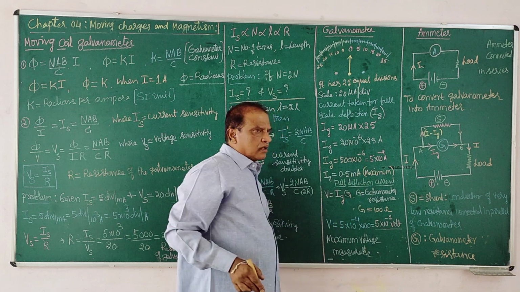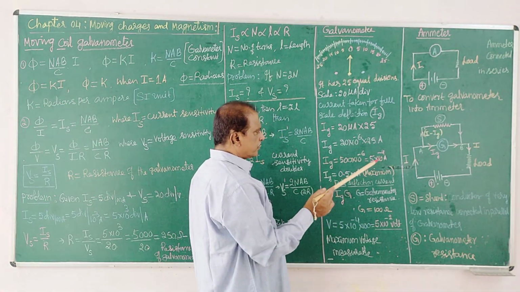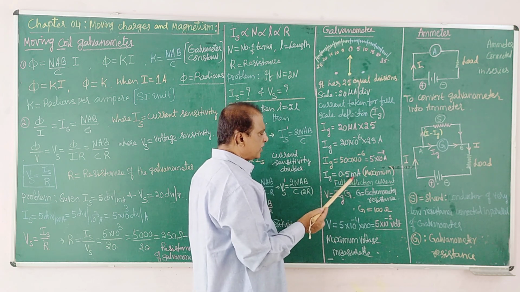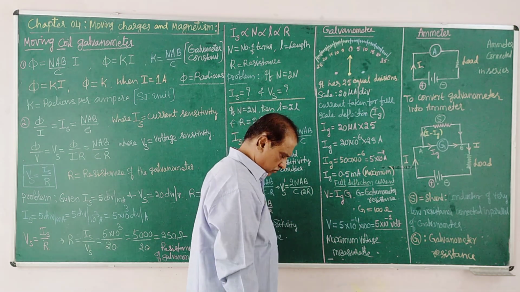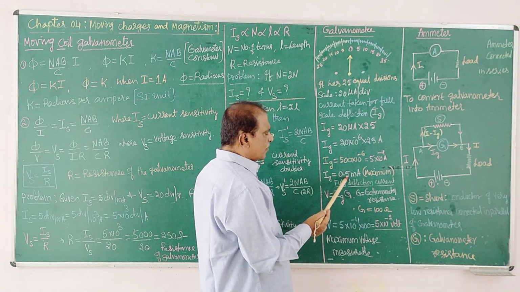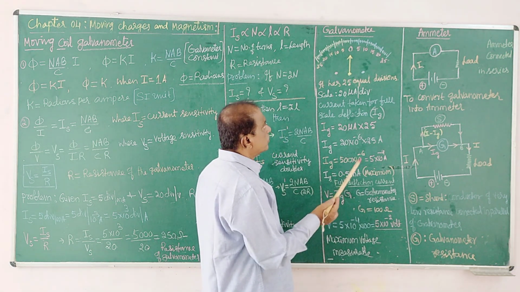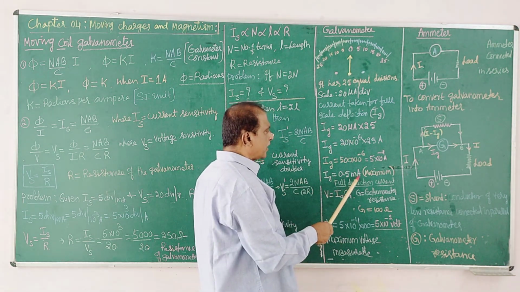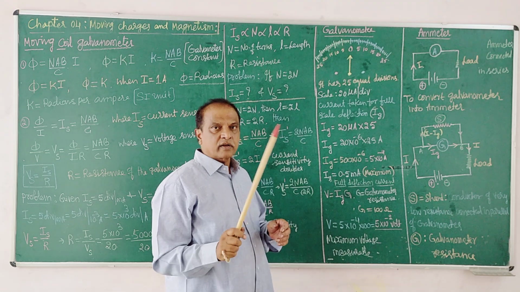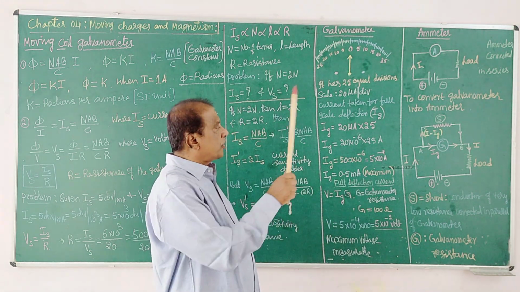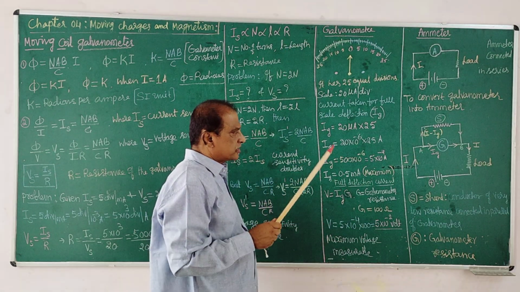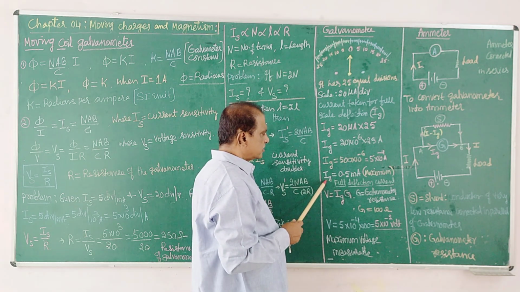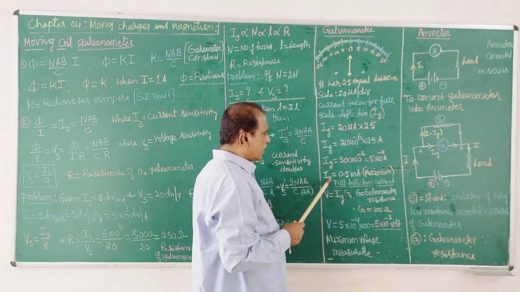Look at this. It is in amperes, and we can convert it to milliamperes as well. It is the same as 0.5 milliamps. This galvanometer can record a maximum of 0.5 milliamp. Beyond that, it cannot record. There is no provision, only that sensitivity. This current is symbolized as Ig.